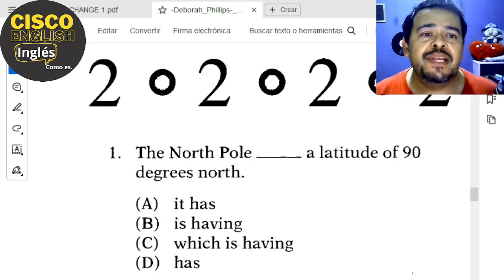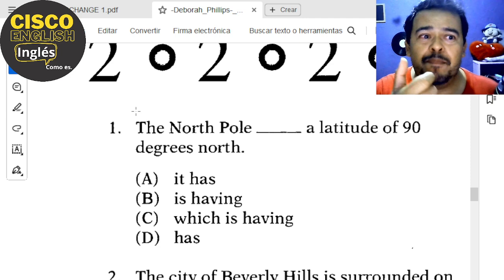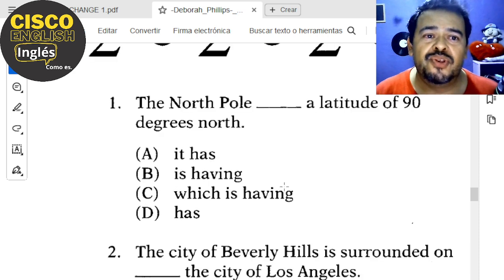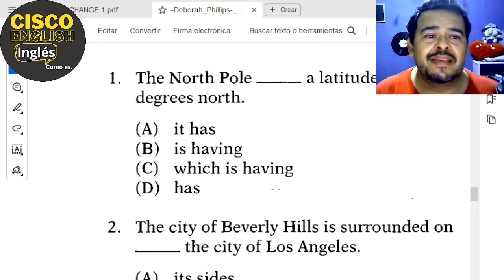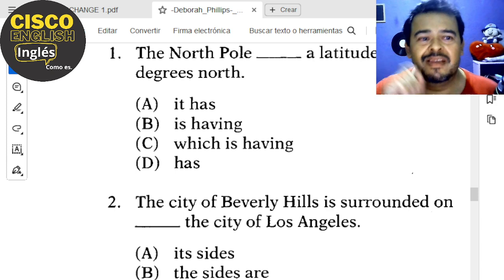So to finish this short video, I'm going to give you this. Number 1, it reads, the North Pole, gap, a latitude of 90 degrees north. So which one would you pick? A, B, C, or D? Number 2, the city of Beverly Hills is surrounded on the city of Los Angeles.